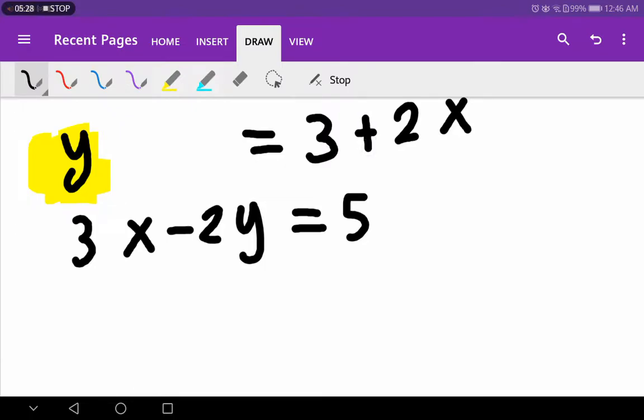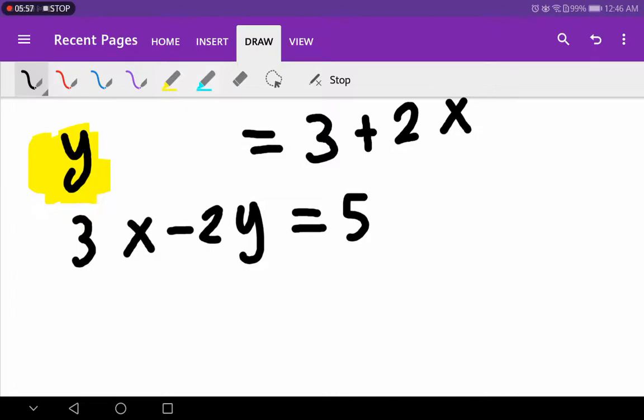Now the y is alone and happy: y equals 3 plus 2x. So what we did here, we wrote the first equation in subject of y. He gave me one more step I have to do before I start substitution. So now y equals 3 plus 2x.